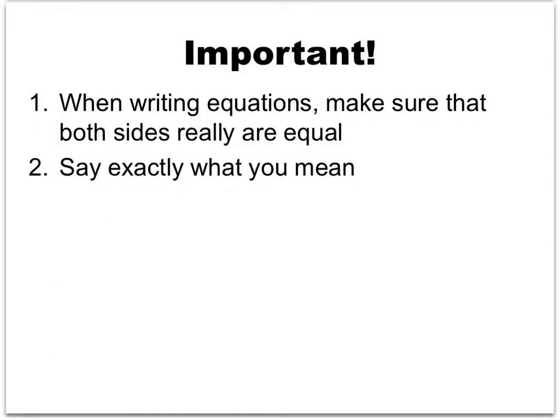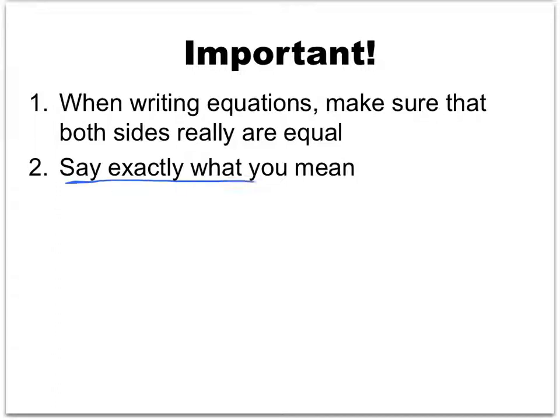So let's state a couple of very, very important points to remember when writing equations. So number one, when writing equations, make sure that both sides really are equal. That's what we're saying in an equation, that two expressions are equal, and so when we say that we should make sure that they really are equal. And then number two, this is a point that I'm going to be making throughout the whole semester.